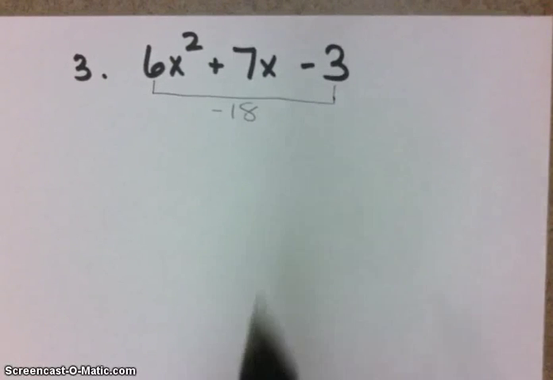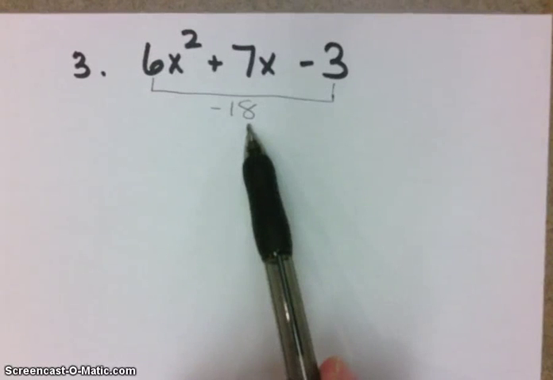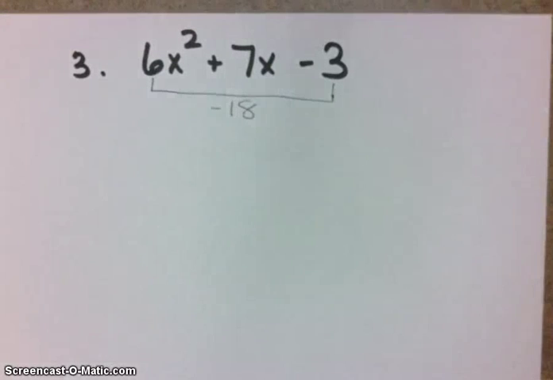And the question is, what two numbers multiply to get negative 18 and add to get positive 7? Obviously, they're going to have opposite signs. So one number is going to be positive and one number is going to be negative. Right? So 9x is going to be positive and the 2 is going to be negative.